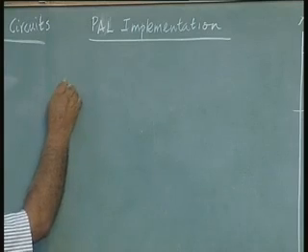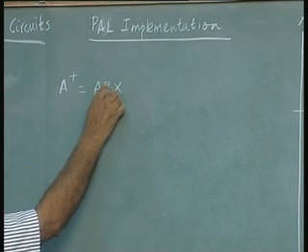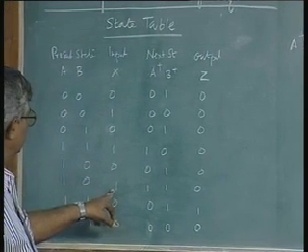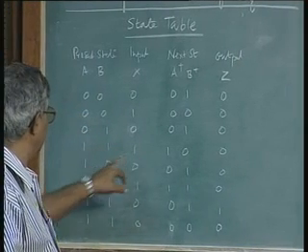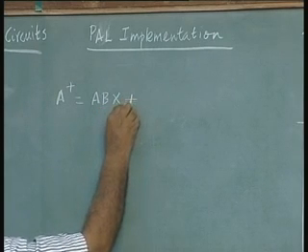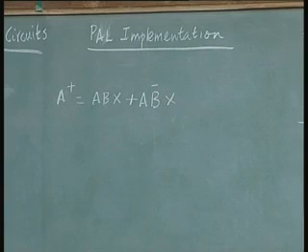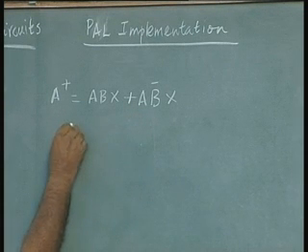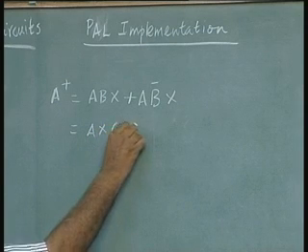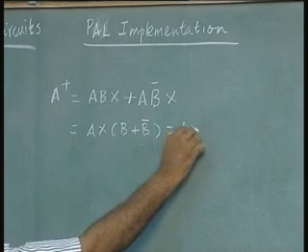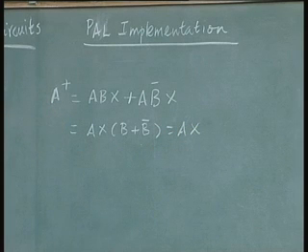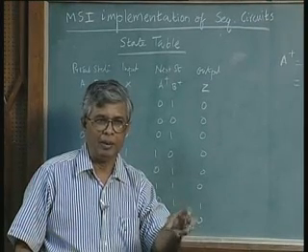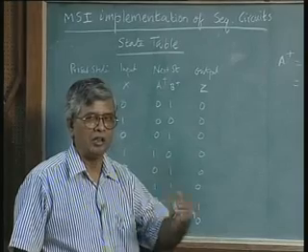So, A plus is A B X or A B bar X, which means I can now take A X. So, A plus is nothing but A X. So, if I can get this term A X in my programmable array logic, you know that a PAL has a combinational part where I can combine the inputs to form any output, and I also have a sequential part where I can store it in a register.